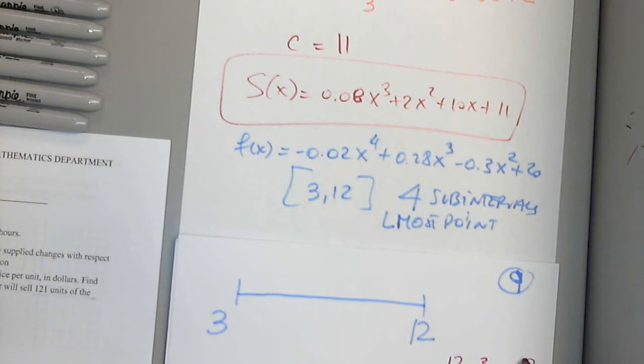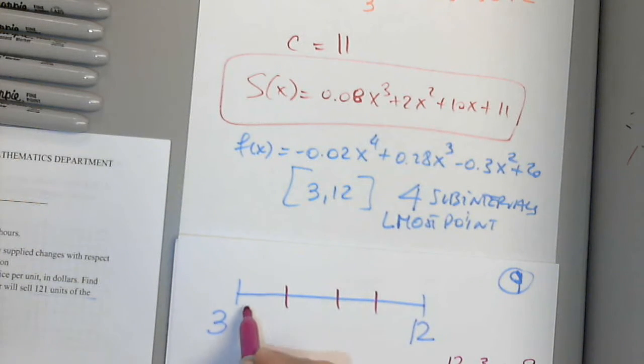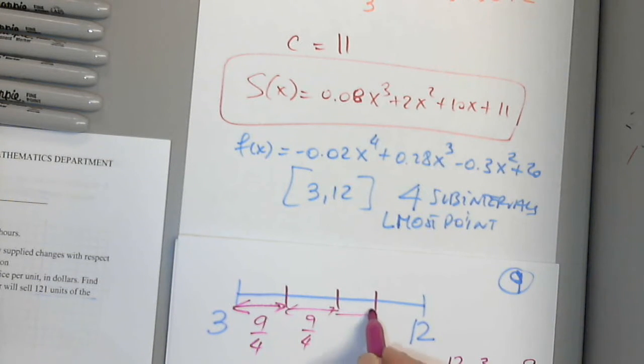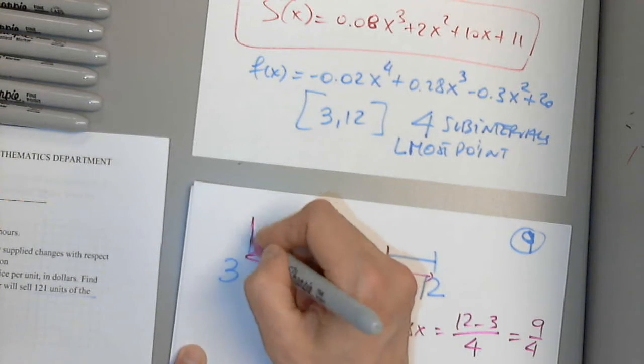So it's 9 over 4. Quite ugly. Doesn't really matter. Oh, I'm sorry, because we're starting at 3. This is 9 over 4. This is 9 over 4. And this is 9 over 4. Is that better? Yes. Leftmost point is here.